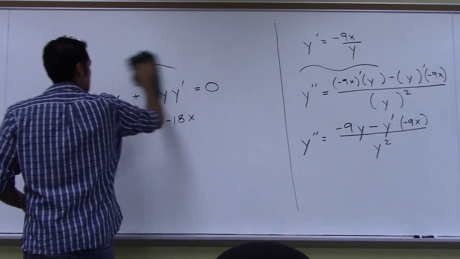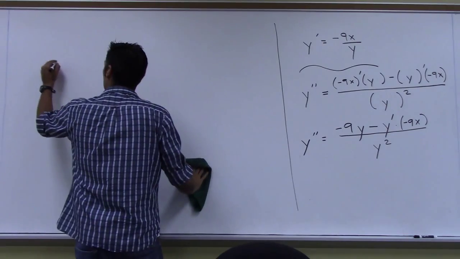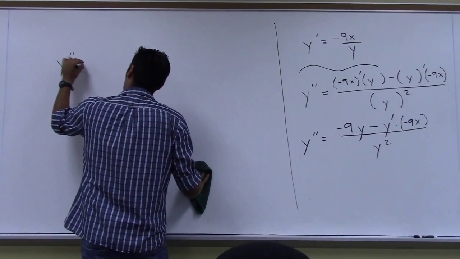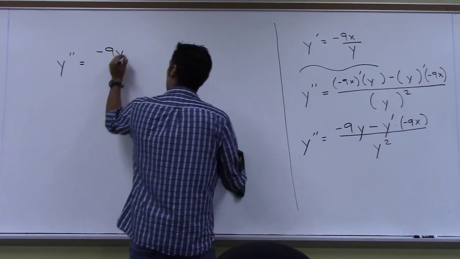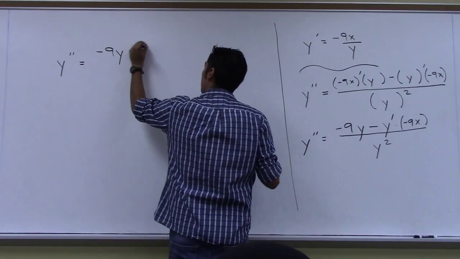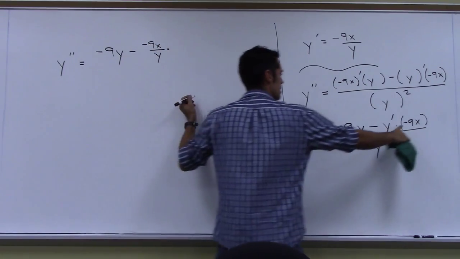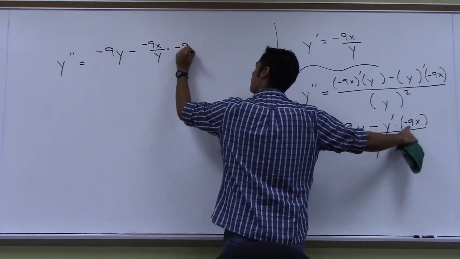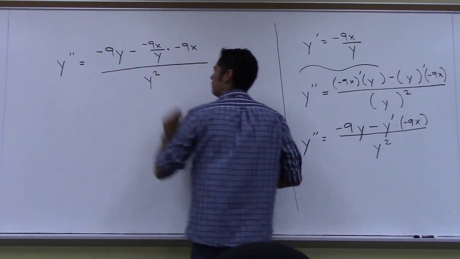And then we're going to try and simplify it to get it to look like whatever the book says. So y double prime equals negative 9y minus y prime, which we said was negative 9x over y, but that's times negative 9x again, and then all of that over y squared.